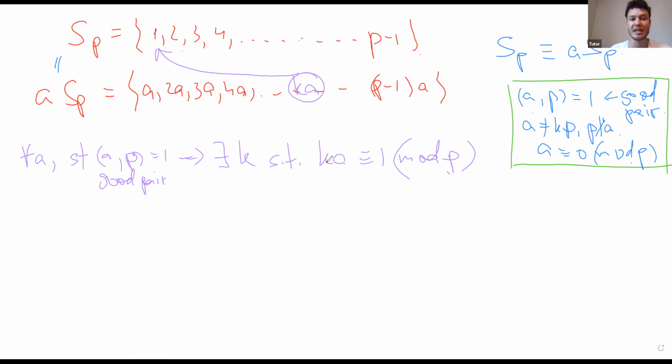It means that K is called the modular inverse. Oftentimes we write that K is equal to A minus 1, congruent with 1 over A mod P, and this is called the modular inverse.